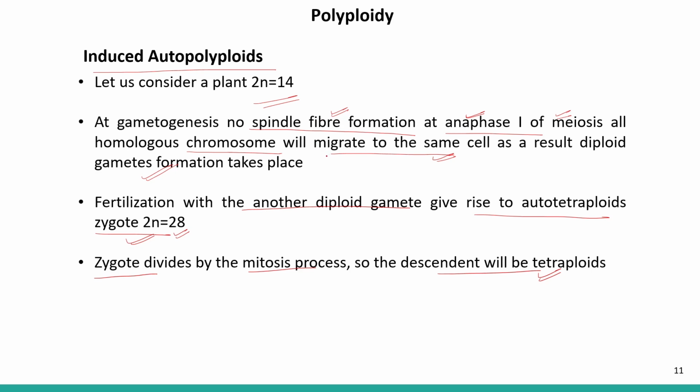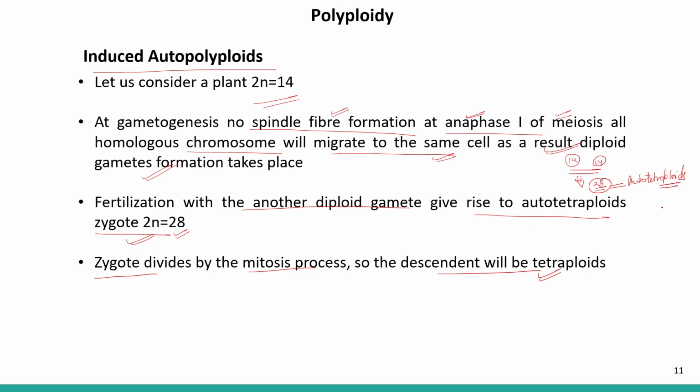The homologous chromosomes will migrate to one particular cell only, leading to the formation of diploid gametes. Now such a diploid gamete, when it fuses with another diploid gamete, will form a zygote having 28 chromosomes, that is, an autotetraploid.